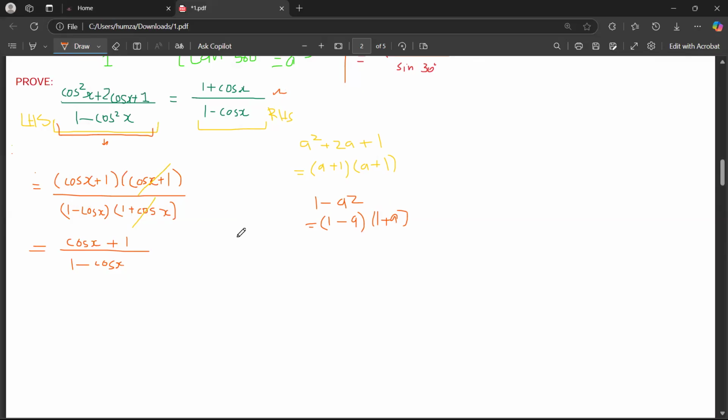So we have proved the identity that left hand side is equal to right hand side.